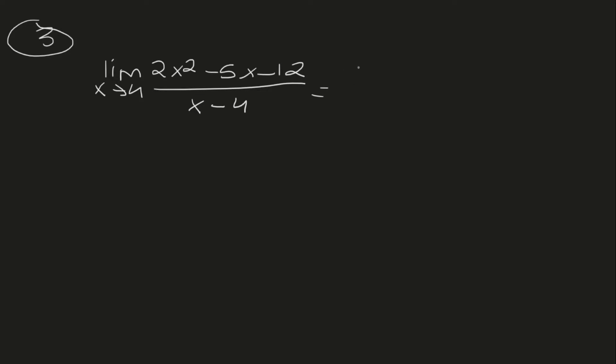If we try to solve this using substitution, this is what's going to happen. So 2 times 4 squared, 2 times 16 minus 20 minus 12. 2 times 16 is 32 minus 20 minus 12. That'll give us 0. At the bottom, x minus 4, 4 minus 4 is also 0. Now to move to our second step, simplification. So let's try to factor out the top.